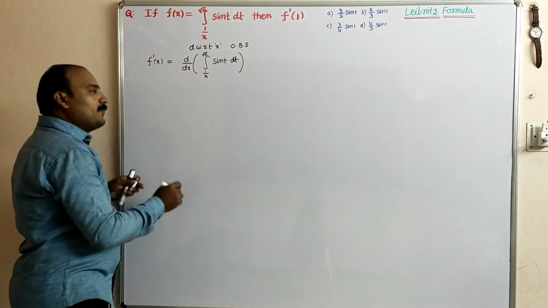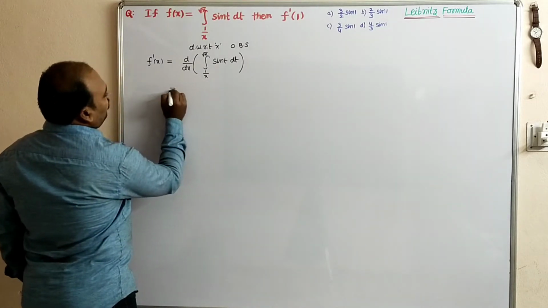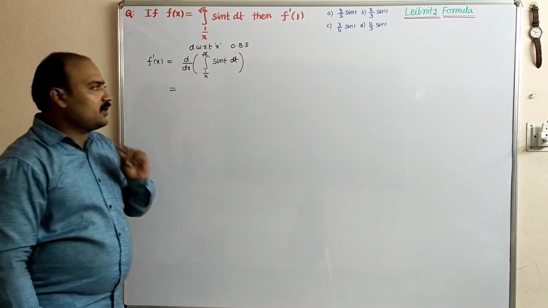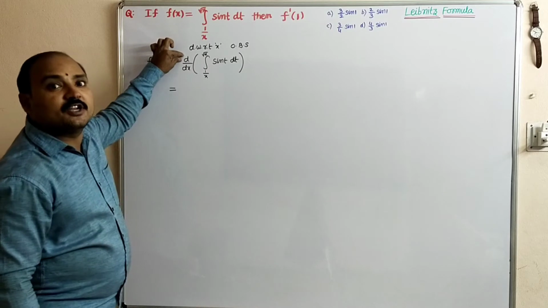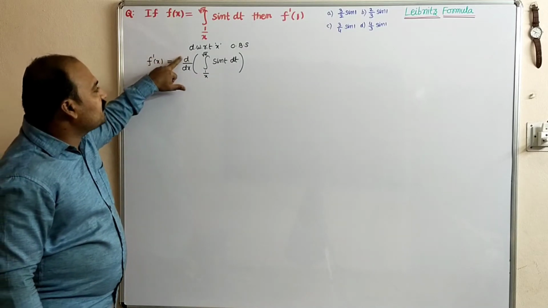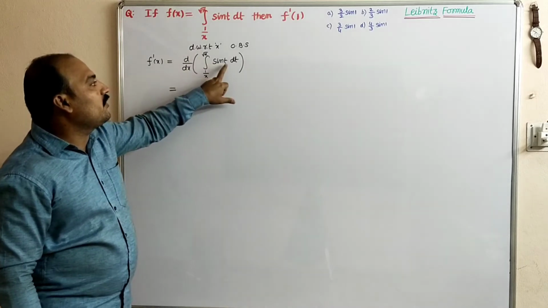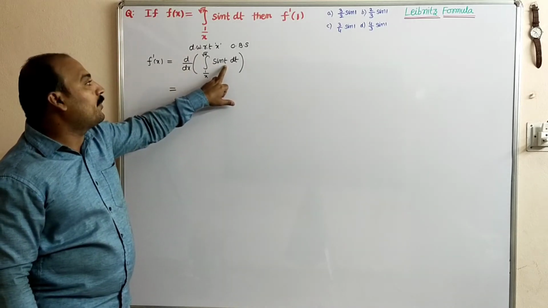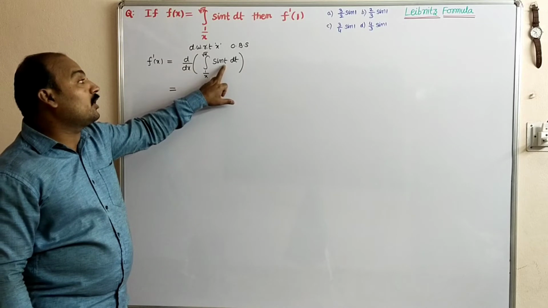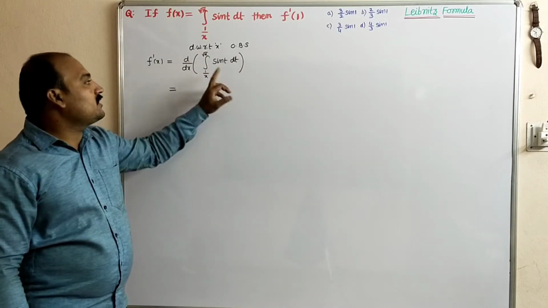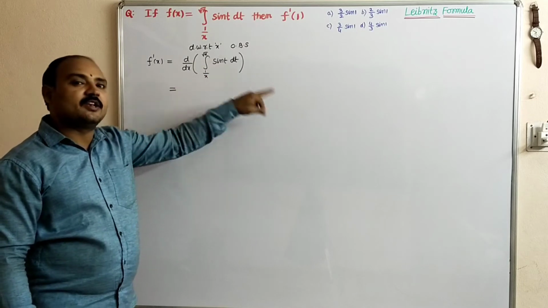One thing you have to observe: here d represents the differential operator, so differentiation and integration will be cancelled. That is the reason we directly substitute the upper limit in place of t, and write its derivative, minus the lower limit and its derivative.